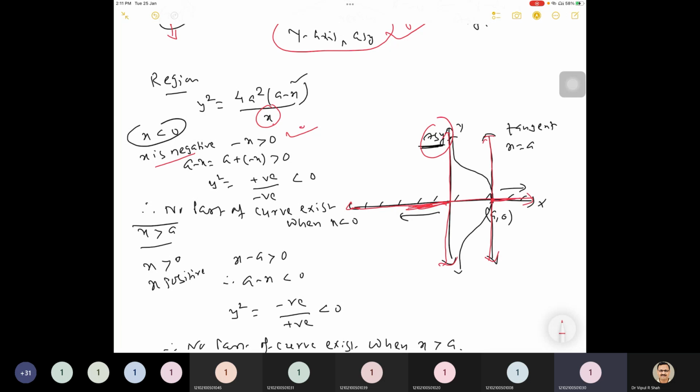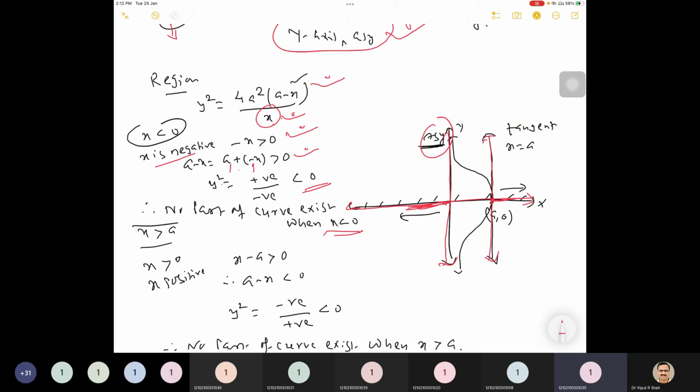Suppose x is minus 2, then minus x is positive. So a minus x is the sum of two positive numbers, which is positive. So a minus x is positive and x is negative. So y square is negative. That means no part of the curve exists when x is less than 0.